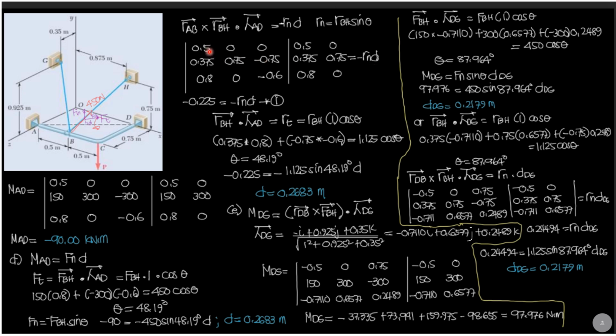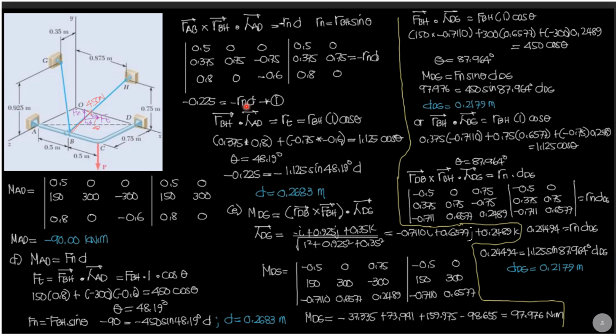So simplifying, 0.5 times 0.75 times negative 0.6, then 0, 0, 0, minus 0, minus 0. So this is the only product of diagonals that has a value, and this is negative. So negative 0.225 equals negative RND.